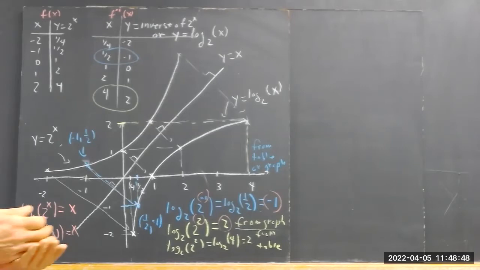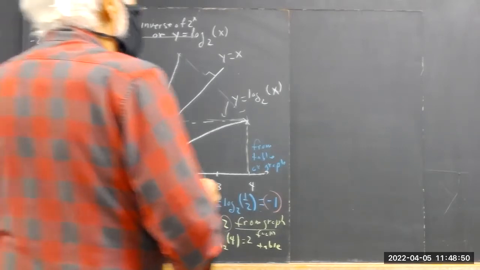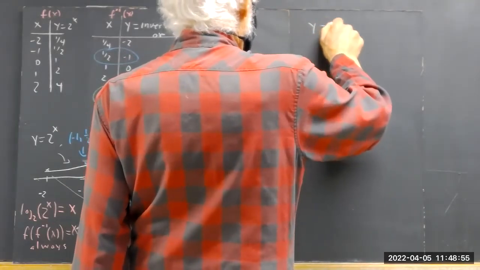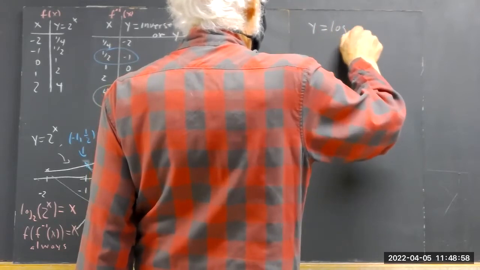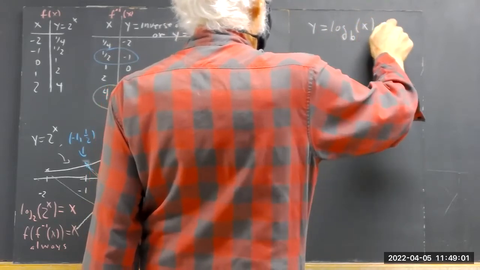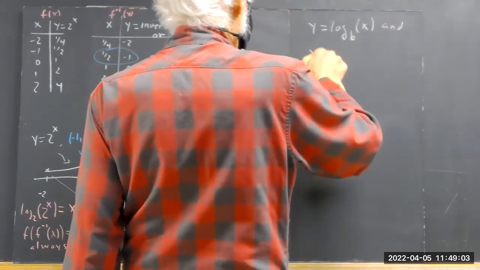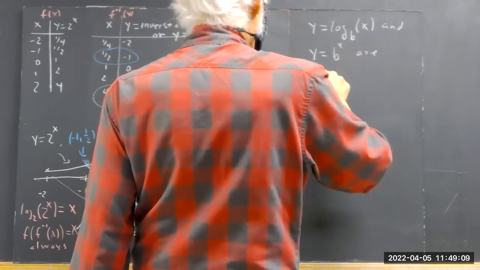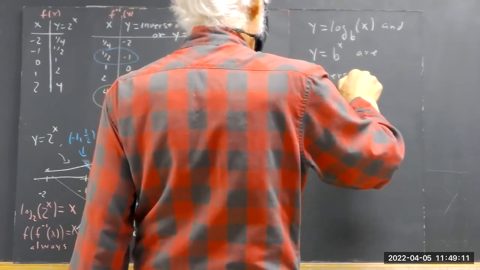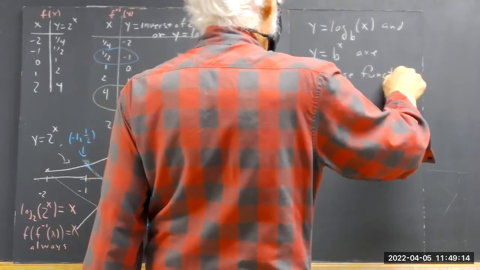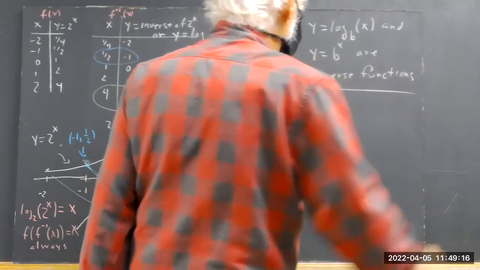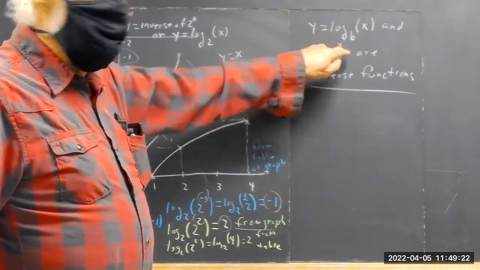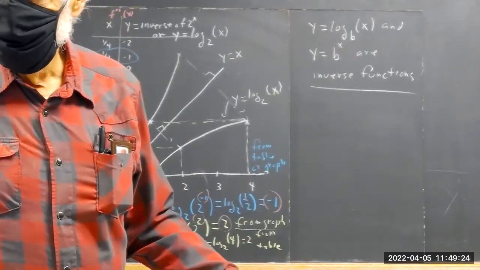So we can expand it a little bit. Now y equals b to the x, that's an exponential function with base b.